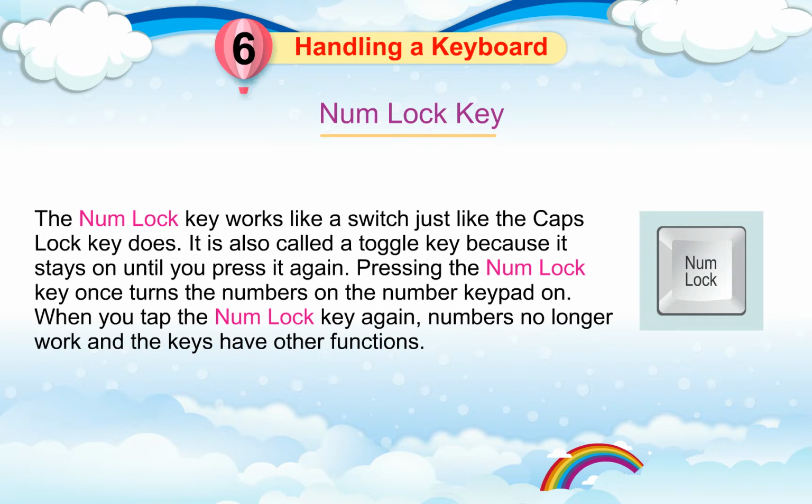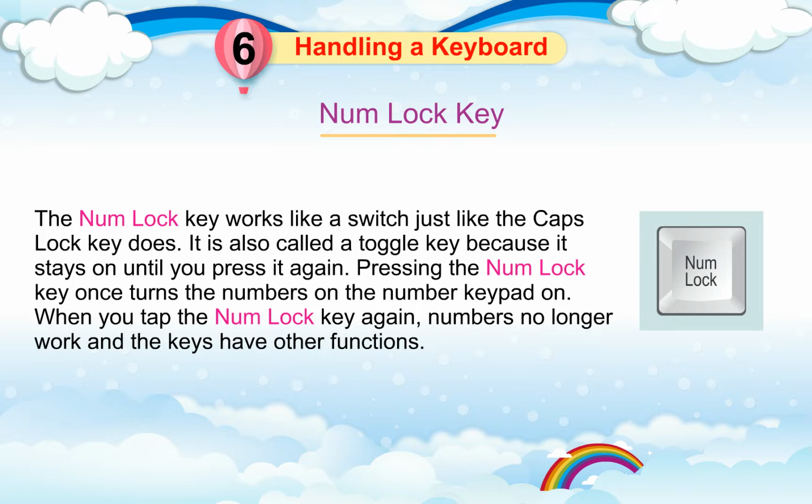Num lock key. The num lock key works like a switch, just like the caps lock key does. It is also called a toggle key because it stays on until you press it again. Pressing the num lock key once turns the numbers on the keypad on.